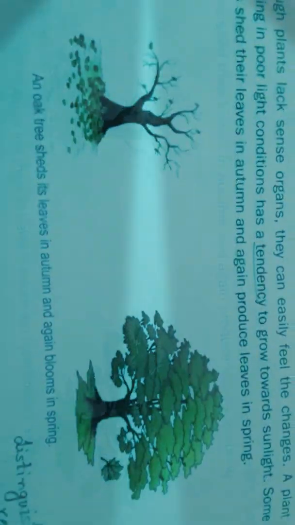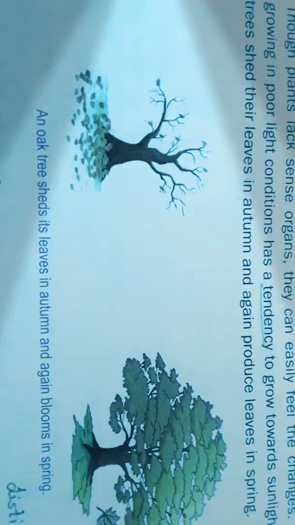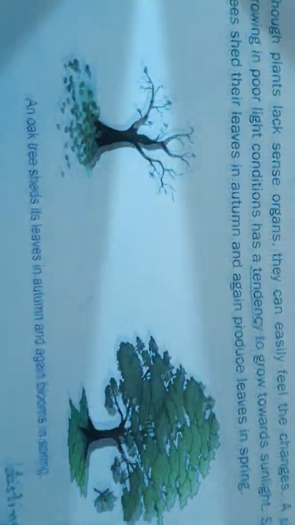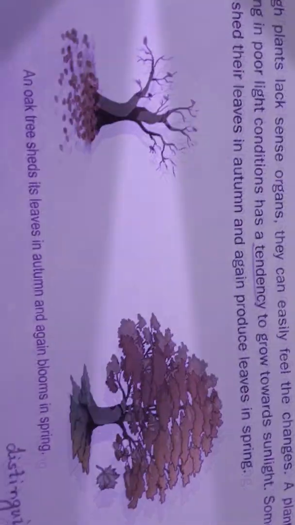How can they show it? See, an oak tree sheds its leaves in autumn season and again blooms in spring season. This one tree can feel changes in the seasons.